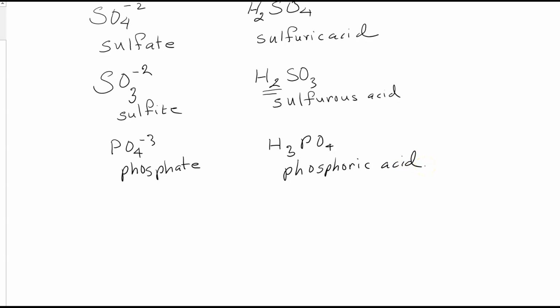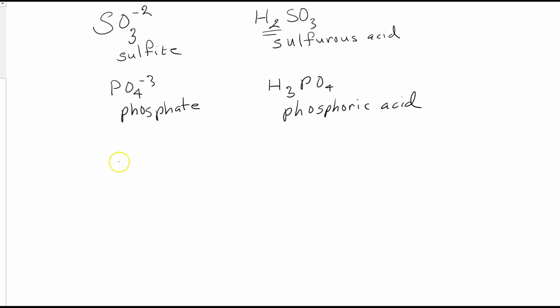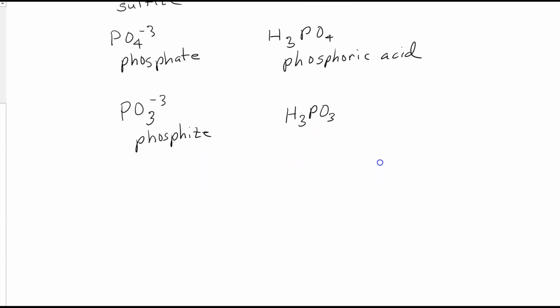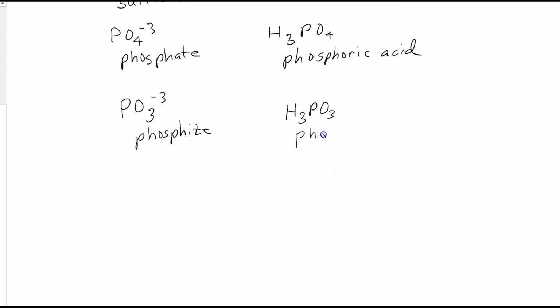And again, if we have its corresponding ion PO3 -3, this is phosphite as an ion, and it would be H3PO3, and this would be phosphorus acid. And so we have a sequence that fits again in the same pattern that we had before.